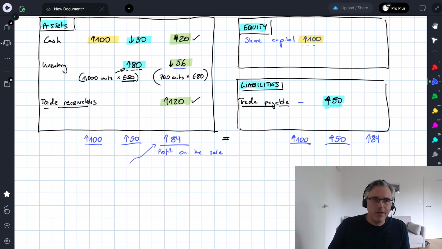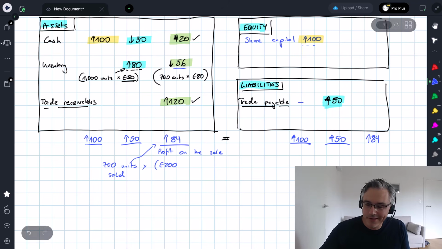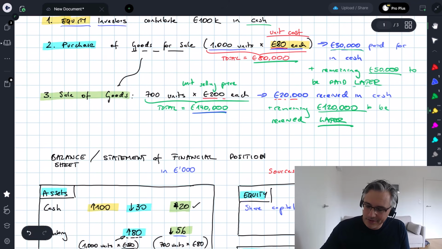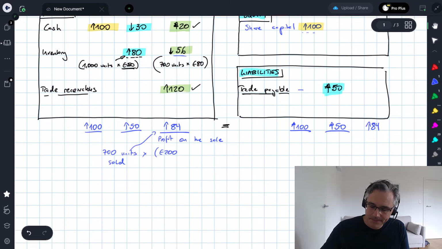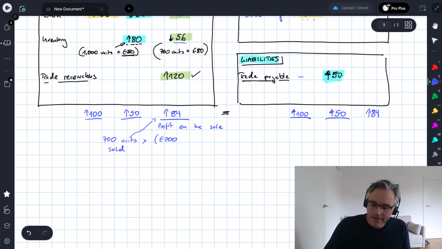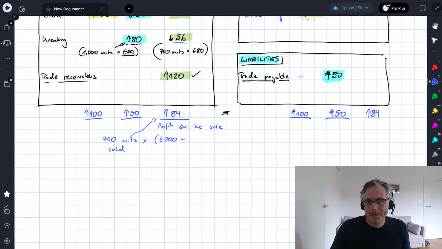One way to think, well, the only way, is to think about this as the 700 units that were in fact sold times the difference between the selling price, which, let me remind you, was 200, right over here we said 200 would be the selling price, minus the cost at which these things were purchased, which was 80 per unit.